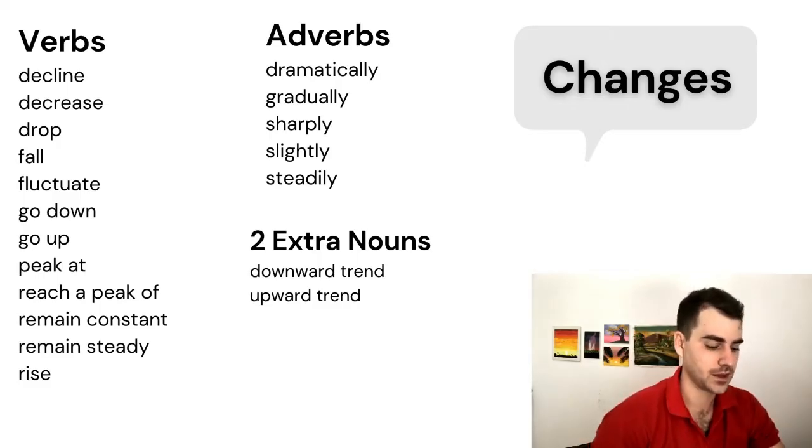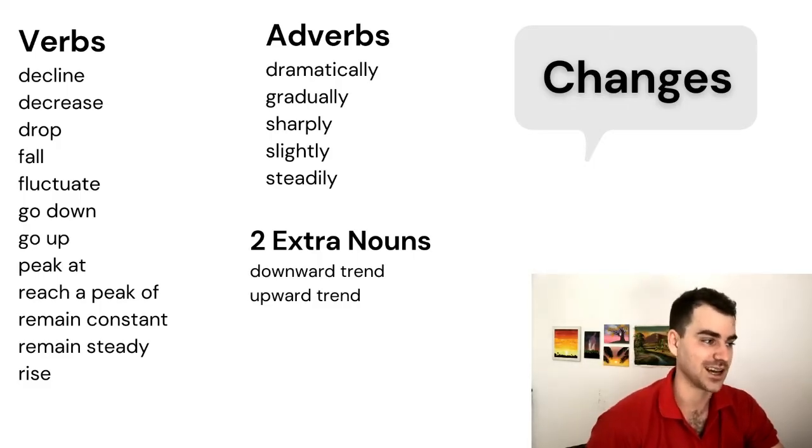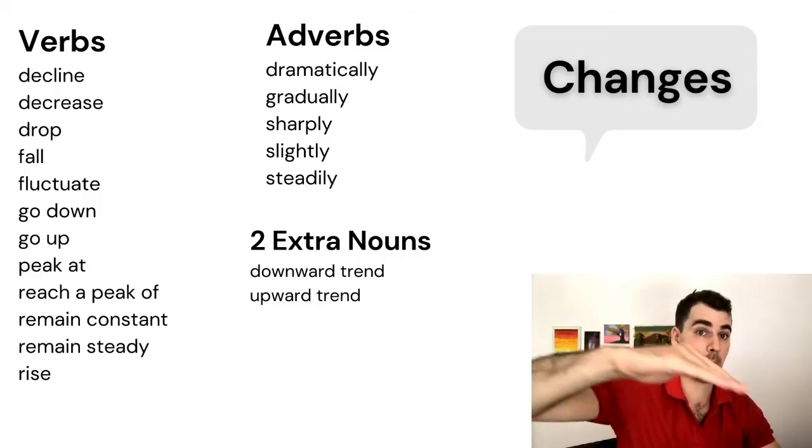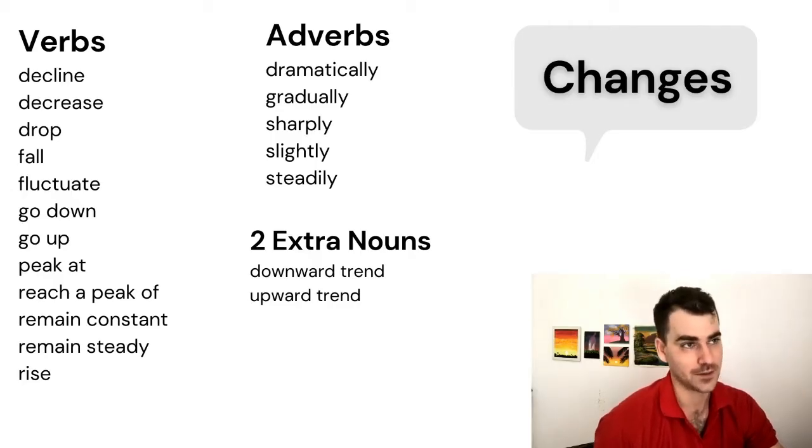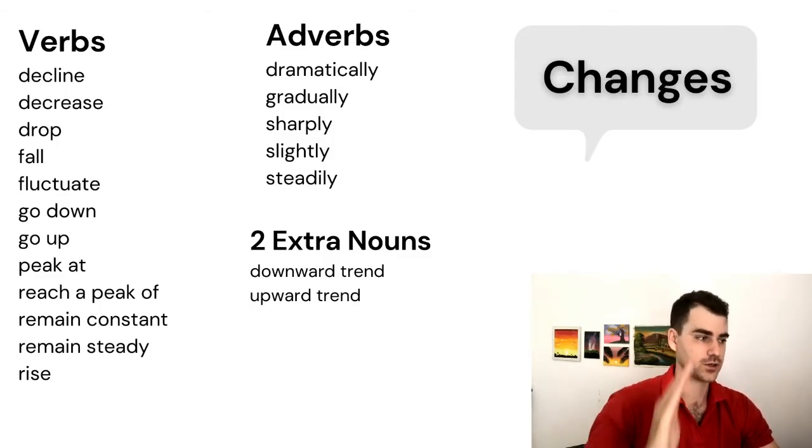For example, my monthly income declined gradually. Every month it went down. Sharply is similar to dramatically. It means something has changed a lot, so we can say that the number of students rose sharply.